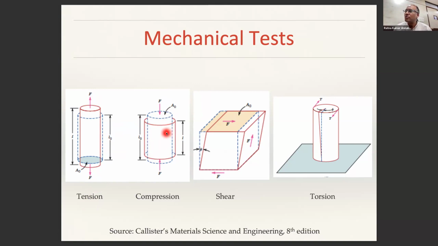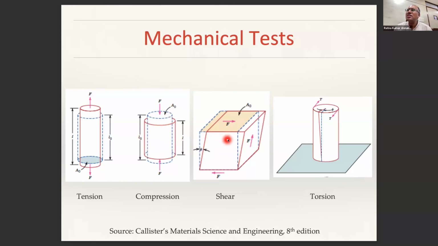When you are trying to design a column, for example, columns are usually designed for resisting compression. If the material's strength in tension and compression are different, then it does not make sense to do a tensile test, but you have to do a compression test. That is why the compression test is also done.